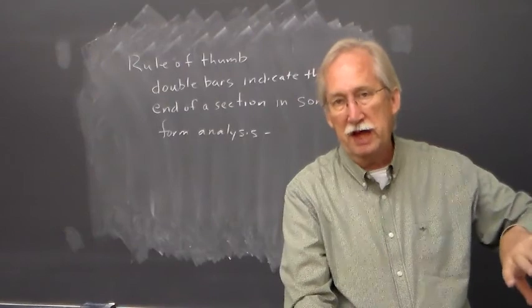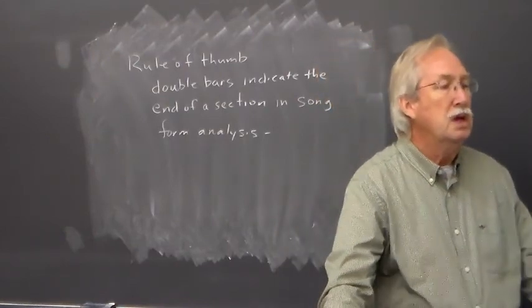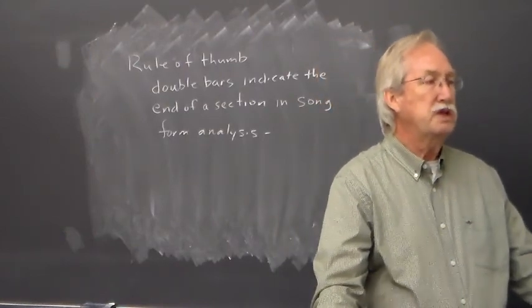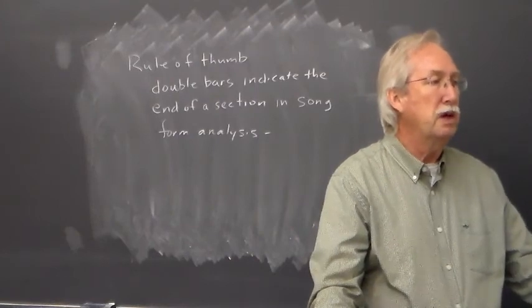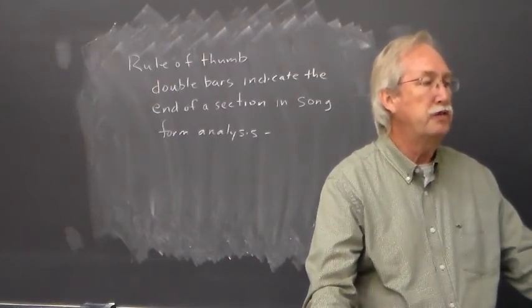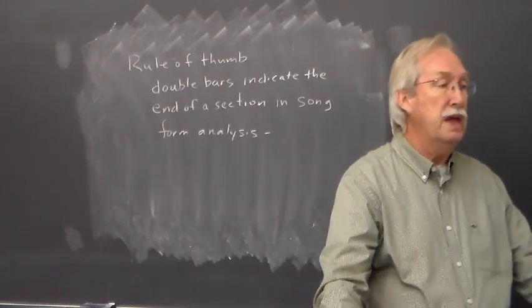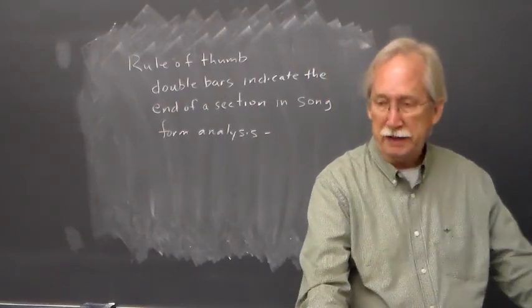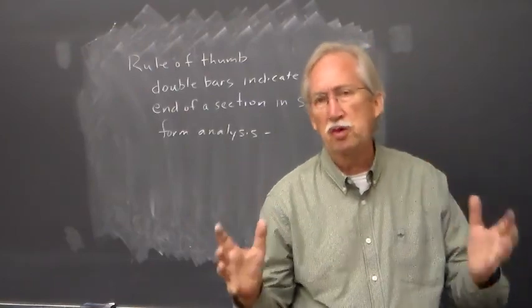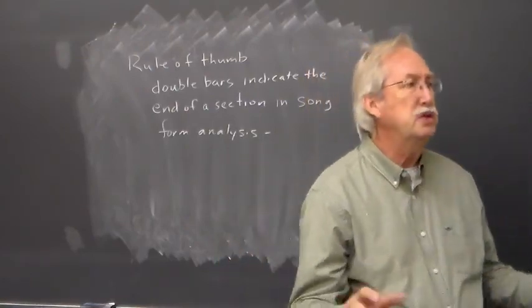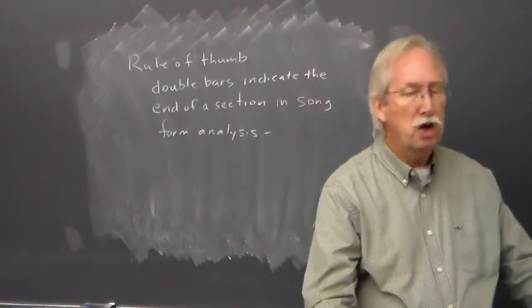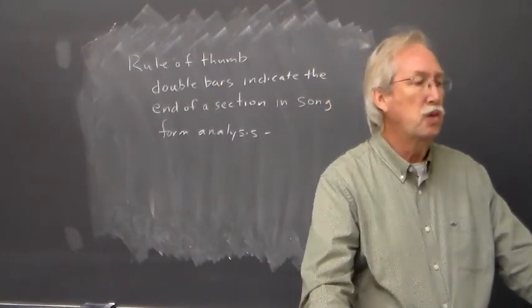and then you have a repeat of that. So in this particular example, you have a parallel period for part 1, a parallel period for part 2, a parallel period for part 3, and then parts 2 and 3 are repeated. Because they are repeated, you're going to call that an enlarged three-part song form.